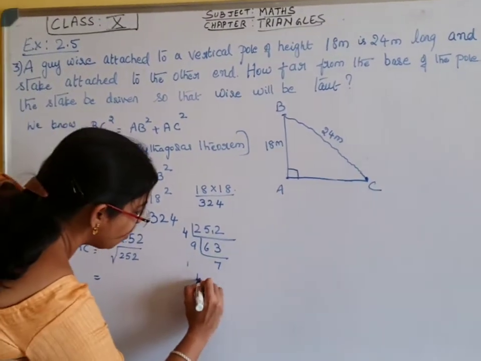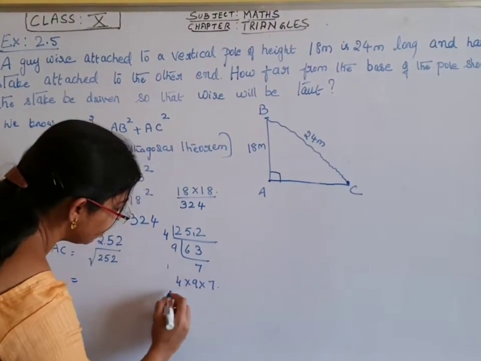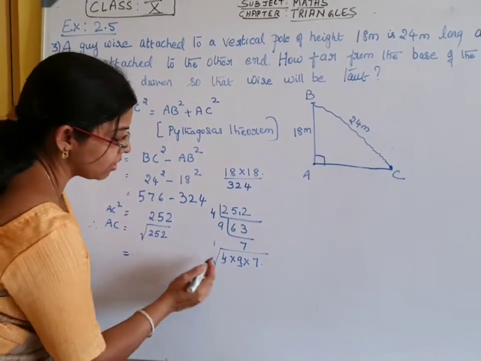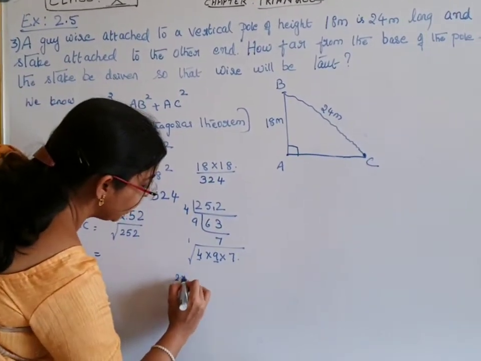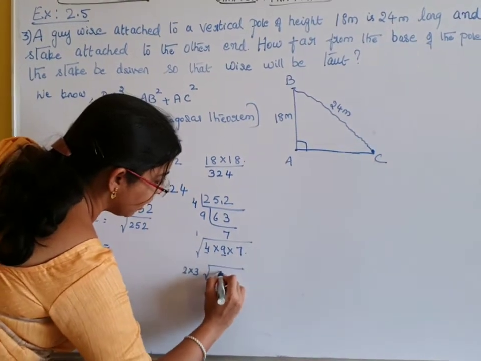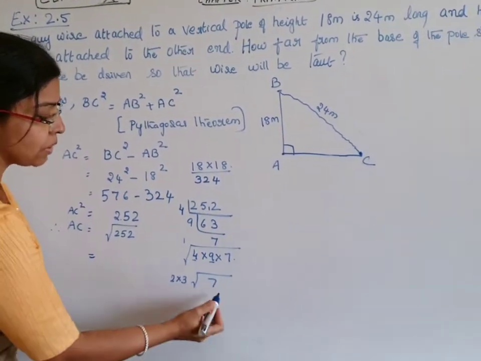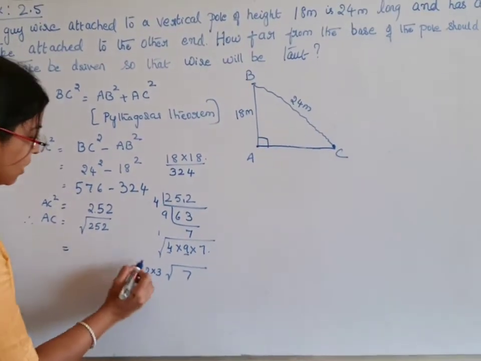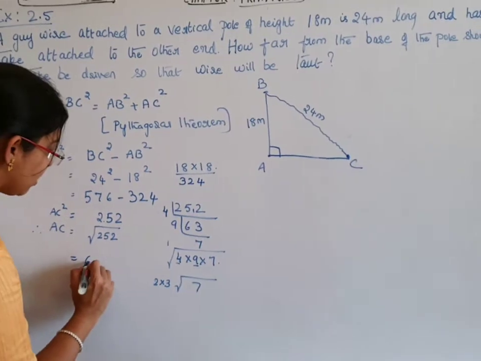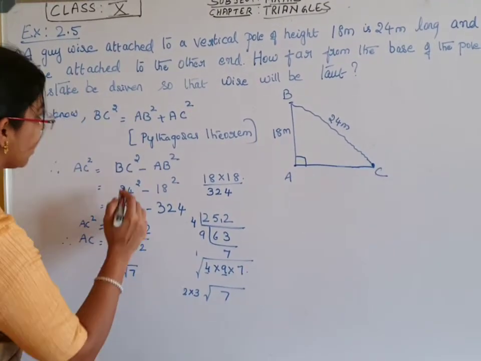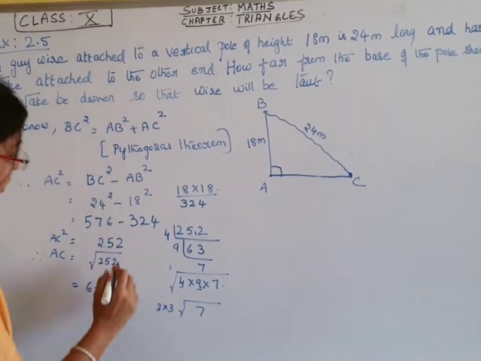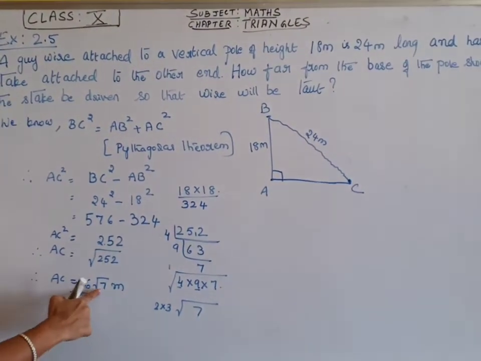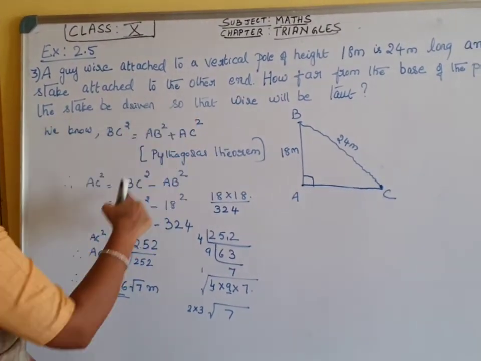Then we take out 4 into 9 into 7 under the root. 4 and 9 are perfect squares. When they come out of the root, it is 2 into 3. And 7 remains inside the root because 7 is a prime number. We cannot do anything with that. So it is now simplified: 3 into 2 is 6, root 7. And it is in meters. Therefore, AC is equal to 6 root 7 meters. That is what we needed to find out.